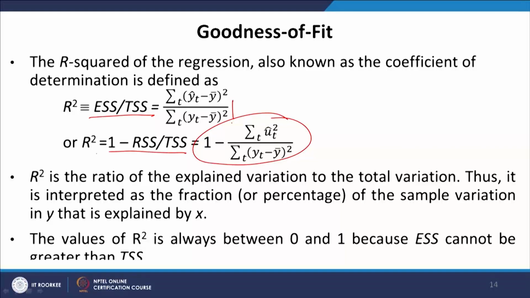Once I take the square, anything negative becomes positive, and when we sum them up they cannot be negative. So individually they are positive numbers, two positive numbers sum up to make TSS, as a result of which TSS, RSS, ESS are all positive, and that is how ESS upon TSS can never be less than 0. That is how the R square value always lies between 0 and 1. It is a fraction.